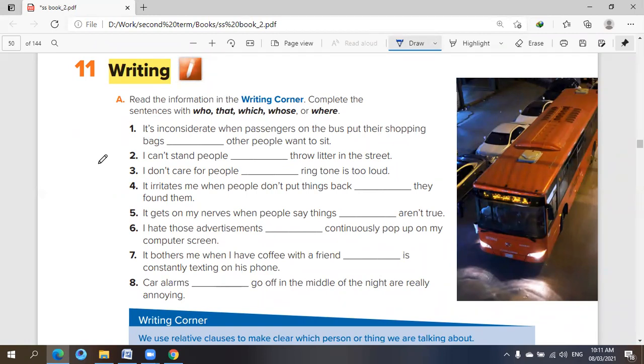"It's inconsiderate when a passenger on the bus puts their shopping bags where other people want to sit." Yes, excellent. Why where? Because here we are talking about a place. So this one is where.